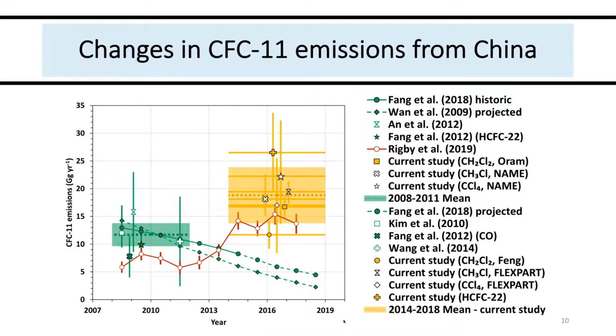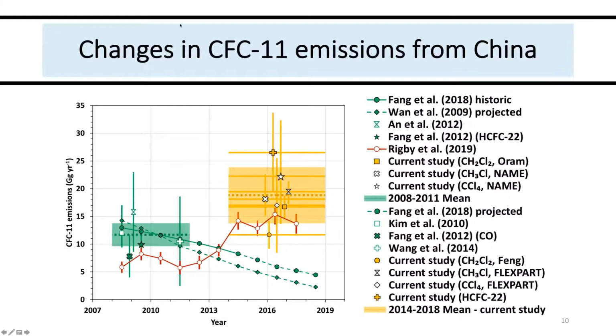We then wanted to investigate whether the increase in global CFC11 emissions in 2013 was related to an increase in CFC11 emissions from China. As our measurements only went back to 2014, we used previously published CFC11 emission estimates in order to investigate this.